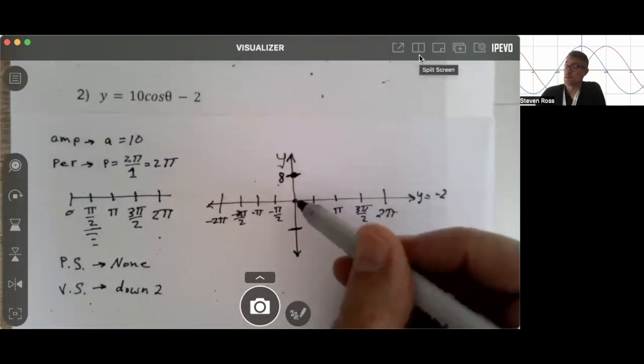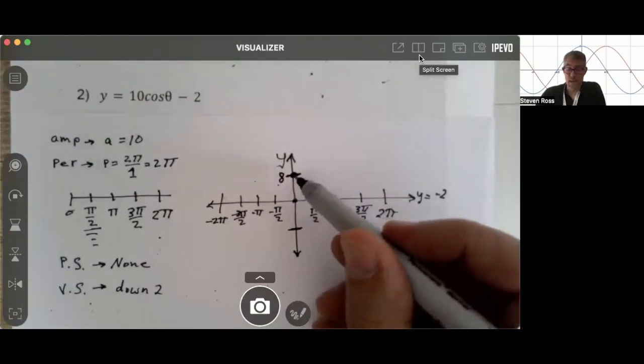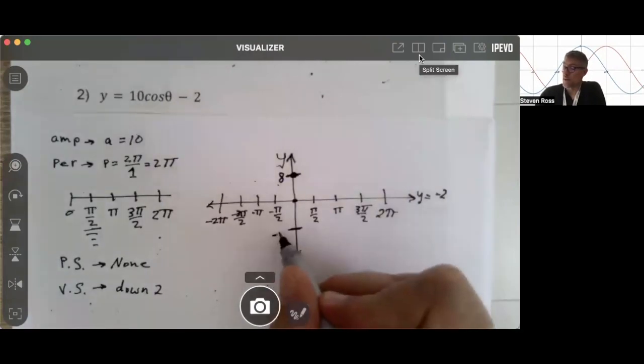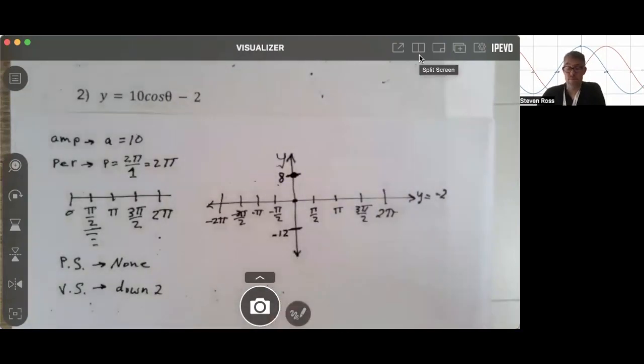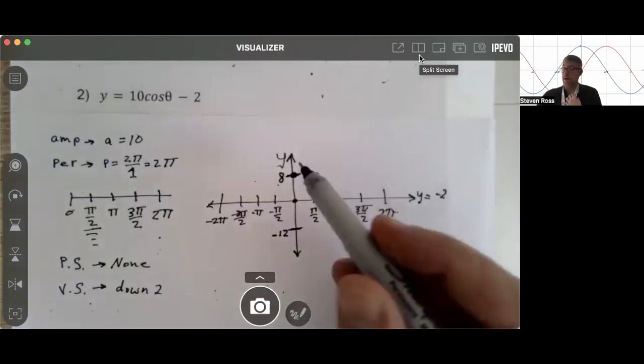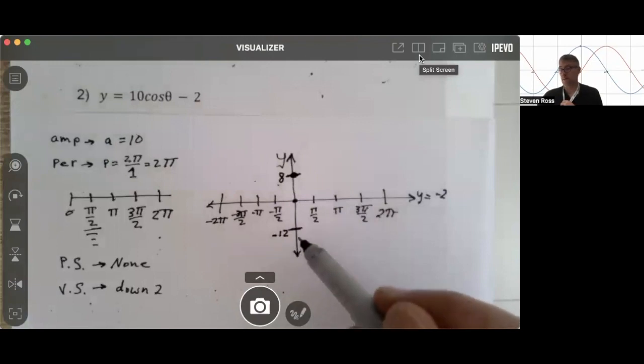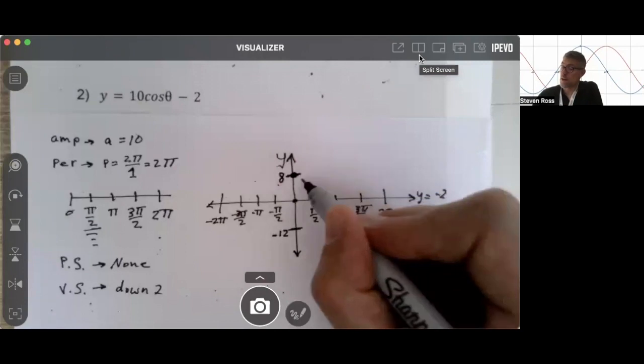Right? Negative 2 plus 10 is 8. When I do a negative 2 and I subtract 10, it goes all the way down to a negative 12. So the high is going to be at a maximum of 8. The minimum, the low, is going to be at a min of minus 12. So we're starting here.